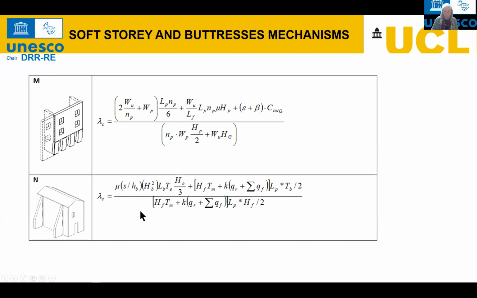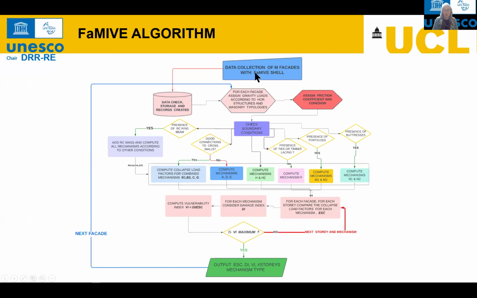So how does the FaMIVE algorithm work? After the data collection with the shell, we do a number of checks with the storage that the data is all consistent and correct. We then create a record. Then for each facade, we assign the gravity loads according to the horizontal and masonry structures and masonry typology that you've chosen, as we have seen earlier.